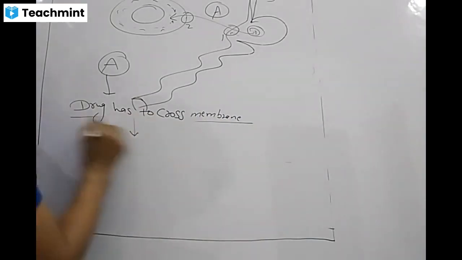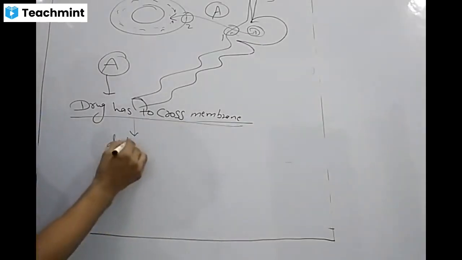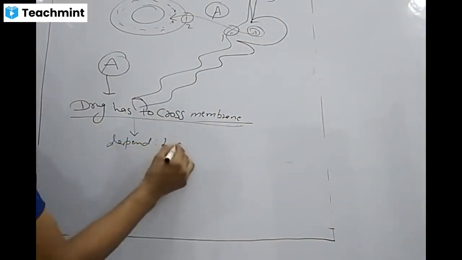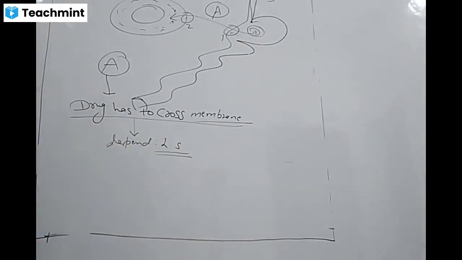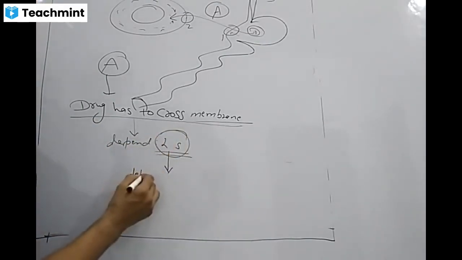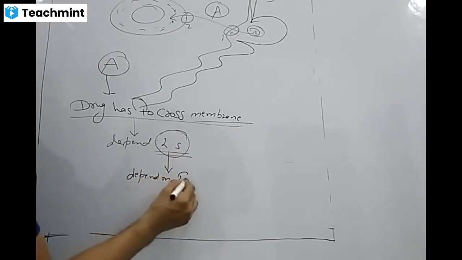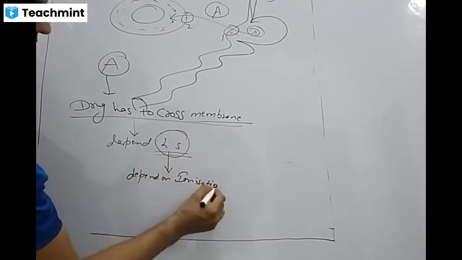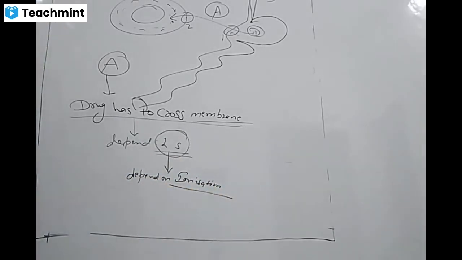So whether the drug can cross depends on its lipid solubility. Then what is this concept of lipid solubility? This lipid solubility further depends on ionization. In case of ionization, we say ionized molecules are water soluble and the unionized portion is lipid soluble.